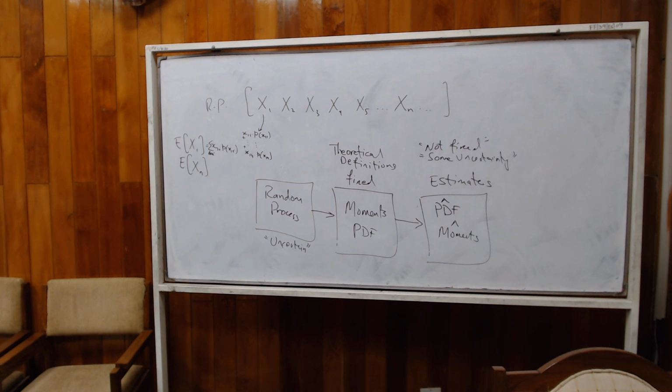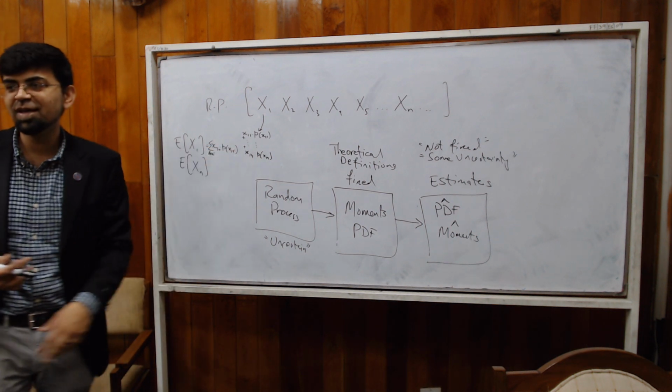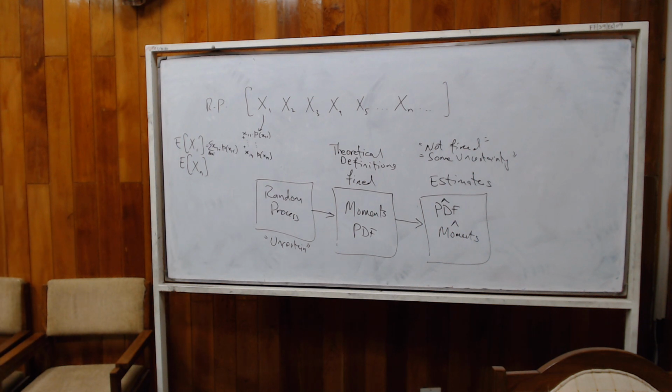Are you able to even define the sample space of that noise? Noise is being added, can you define its sample space? You will go crazy, right? So all you can do is try to find different instances, try to model or collect a lot of data.